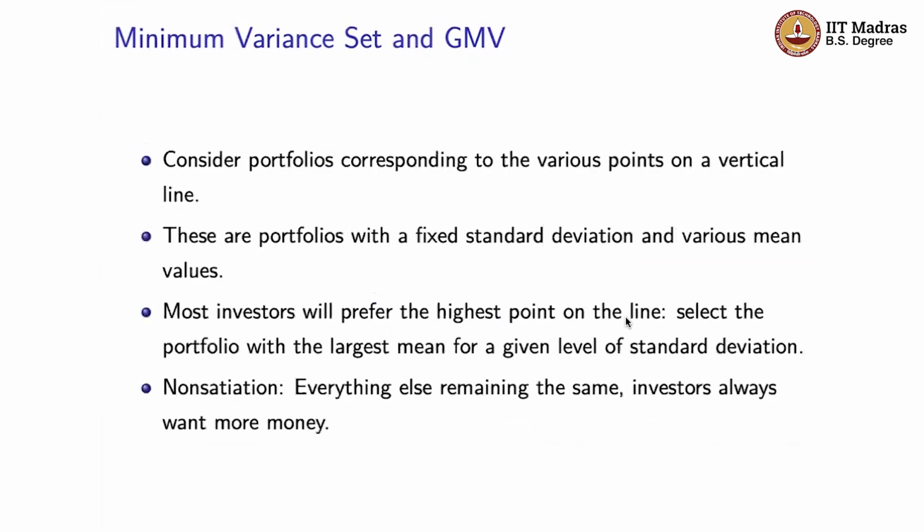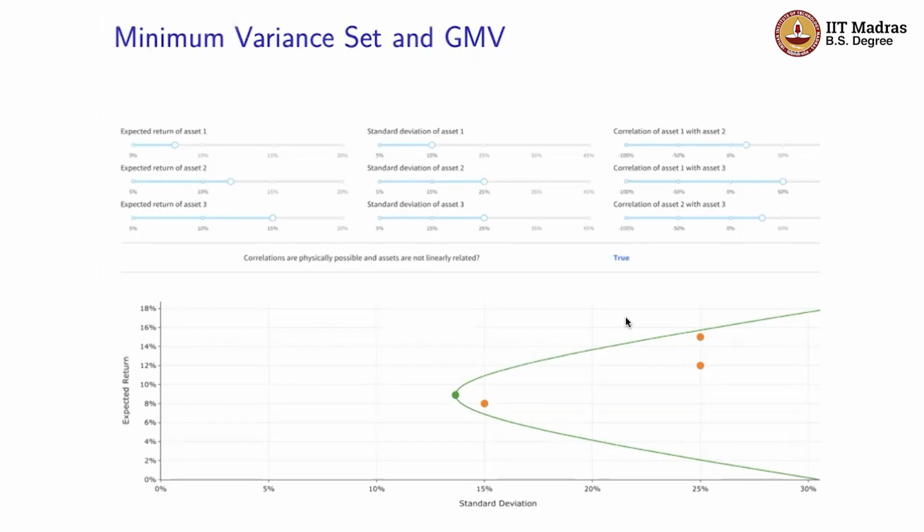We could have asked a different question as well, which is to consider portfolios which correspond to various points in a vertical line. Before, we fixed the expected return and asked what's the smallest possible standard deviation. Now we are fixing a vertical line. Suppose you fix it at 20%, and then you ask what's the largest possible expected return.